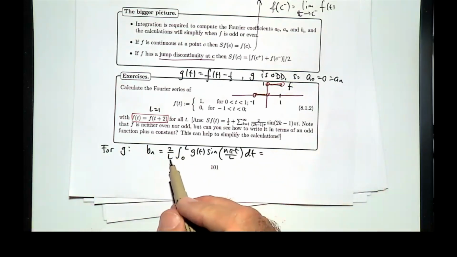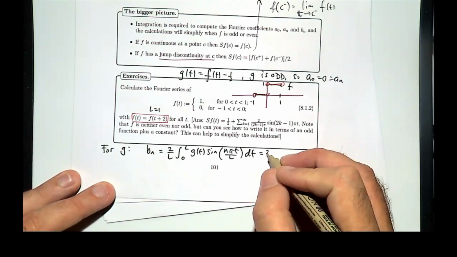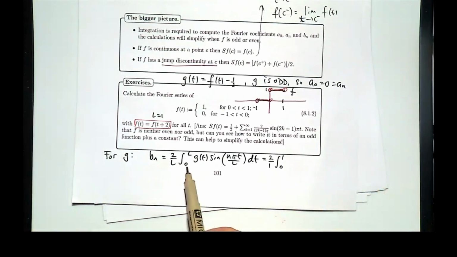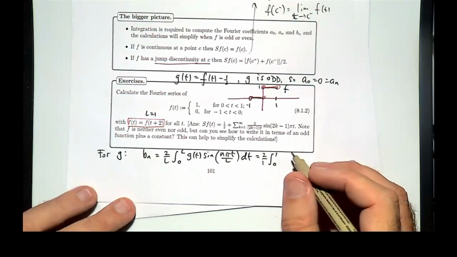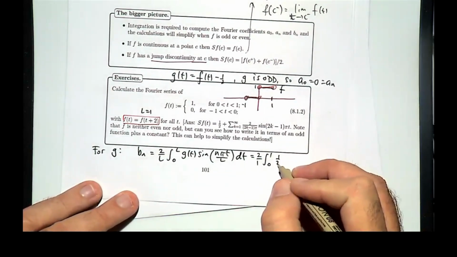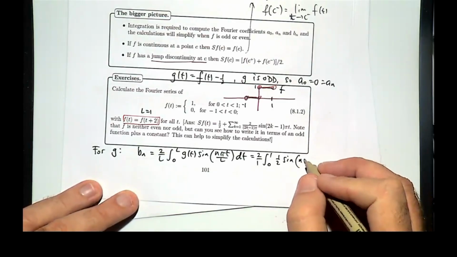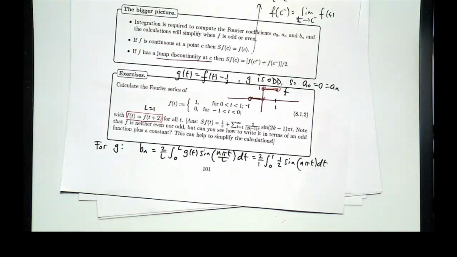So let's plug this all in. g of t between 0 and 1 is going to be a half. Now we're just integrating a half of sine n pi t.